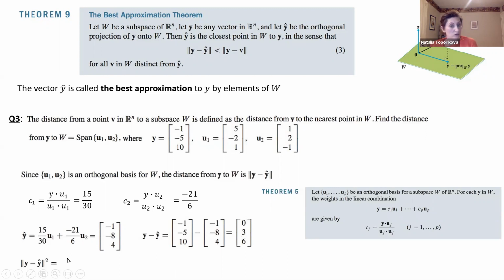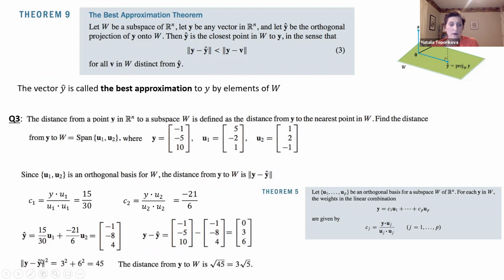So let's use the distance formula. Our distance squared is equal to the sum of all components of vector z raised to the second power. The first component, 0 squared, gives us 0, the second is 3 squared, and the third is 6 squared, so the total is 45.